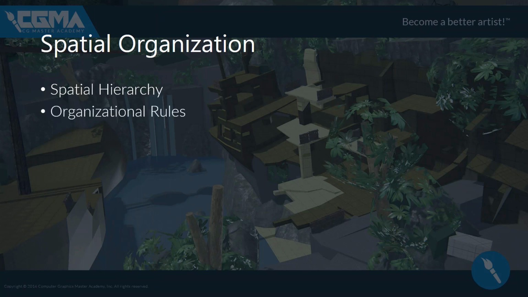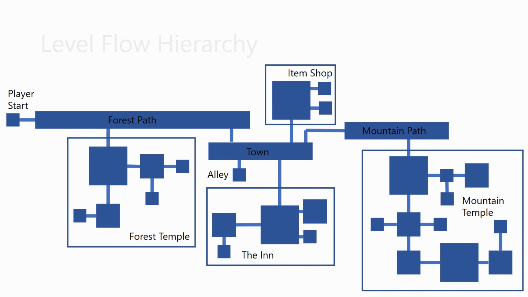So when you talk about hierarchy and how it pertains to a level structure, there's a couple of ways you can think about it. One being the level flow, breaking down different sections of the level.